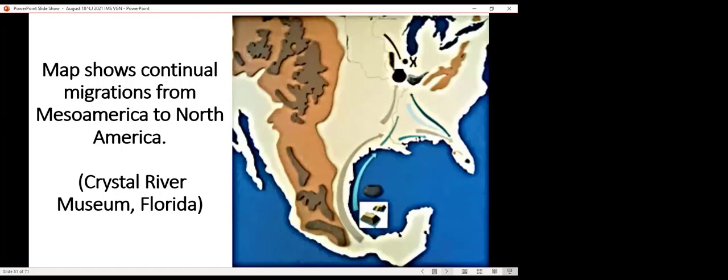Now we jump all the way across to Florida. This map shows continual migrations from Mesoamerica to North America. This map is photographed from the Crystal River Museum in Florida, showing the migrations coming out of Mexico up into the eastern U.S. from Florida.